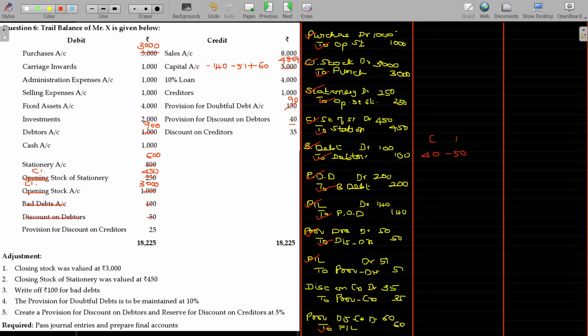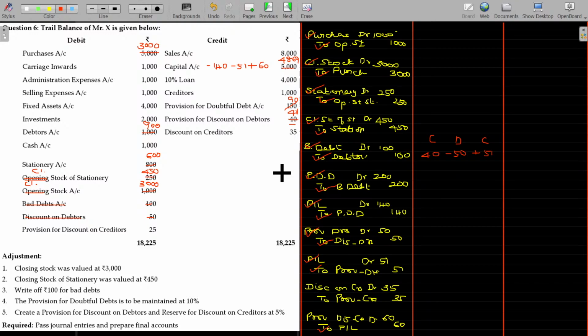So 50 should be subtracted. And again, provision for discount on debtors given in the credit side should be added, which is 51 rupees. Credits are added and debits are subtracted. Then the ultimate value is 41. Am I right? Will you be getting 41 rupees? So this is now converted into 41.